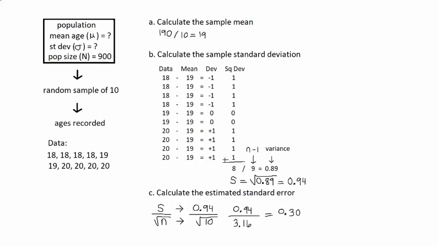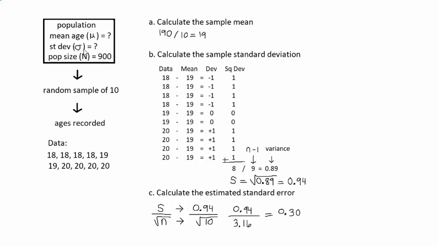So here we have a situation in which there's a certain imaginary population, and the population has 900 people, and the mean age of the population is unknown, and the standard deviation is also unknown, and a certain person is interested in what the mean age of this population equals.